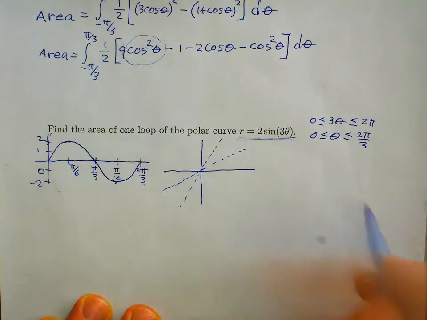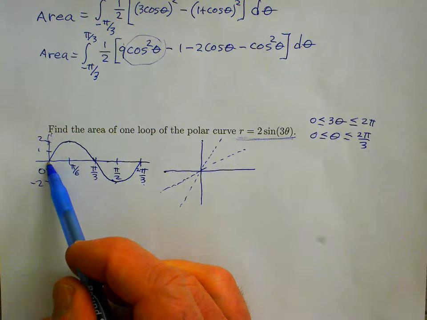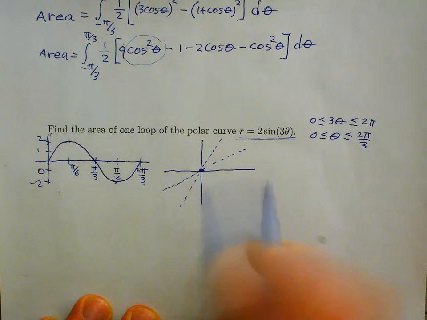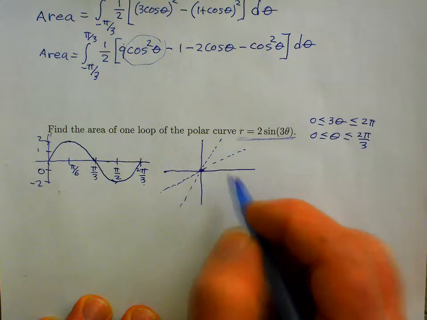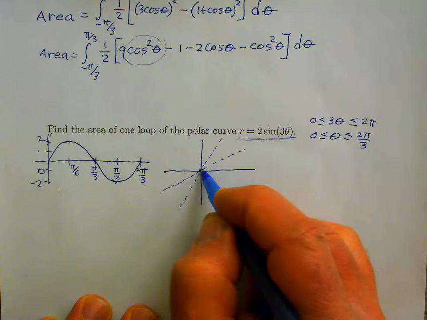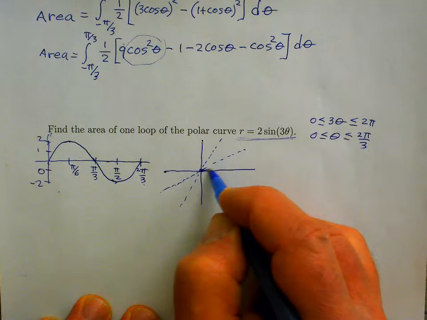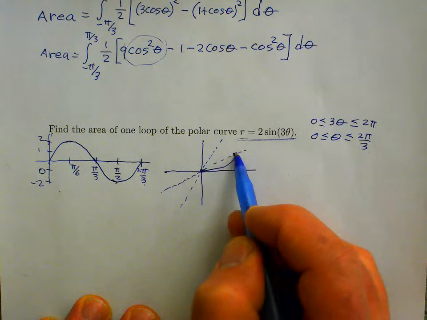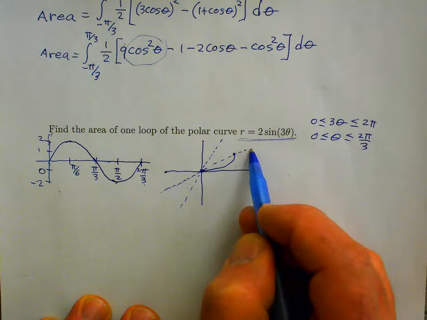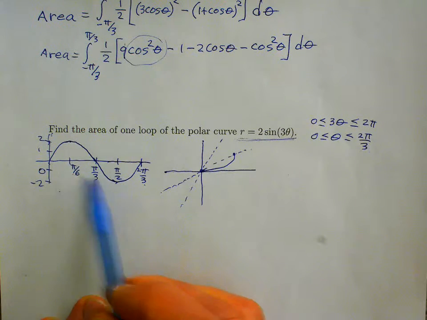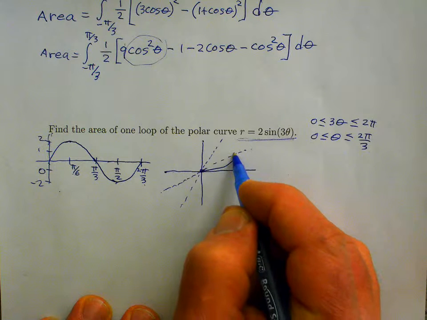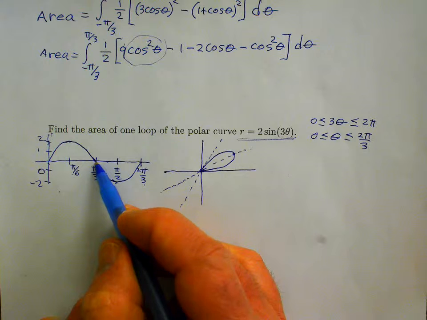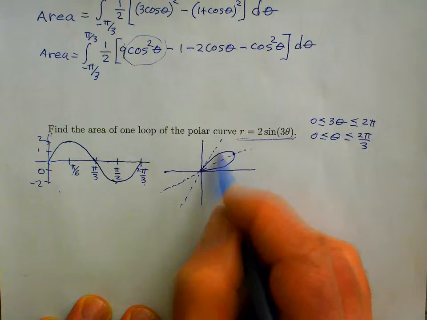So in the polar curve, when theta is 0, r is 0. When theta is pi over 6, the r value is 2, so it's 2 units from the origin along pi over 6. And then between pi over 6 and pi over 3, we complete one loop because the r value is back to 0 at pi over 3.